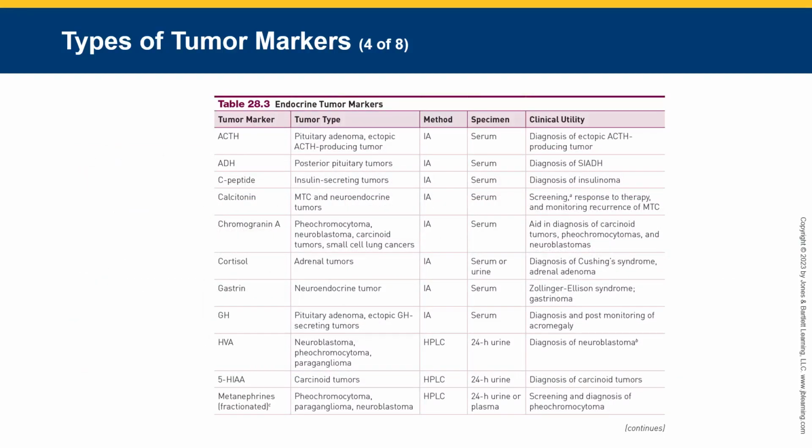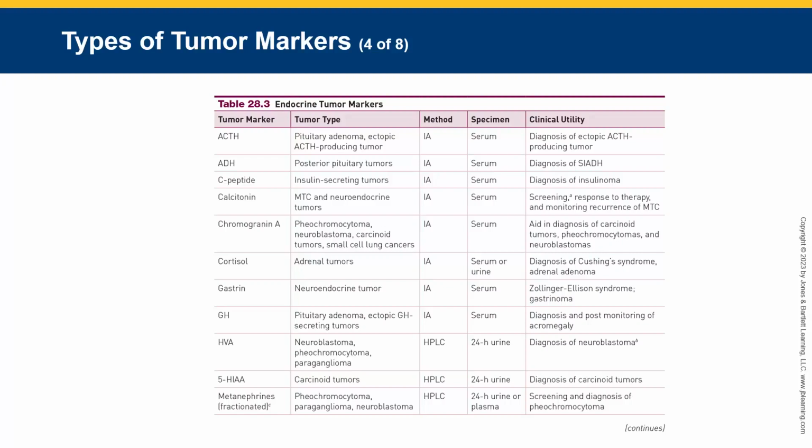And then you can pause and take a look at this extensive table of endocrine tumor markers. And the endocrine system contains a bunch of organs that are going to release hormones that impact the function of the body. So we have the pituitary gland, the adrenal glands, there's a thyroid, parathyroid, a lot of different tissues can act as endocrine glands all by themselves. The kidneys have some endocrine function.